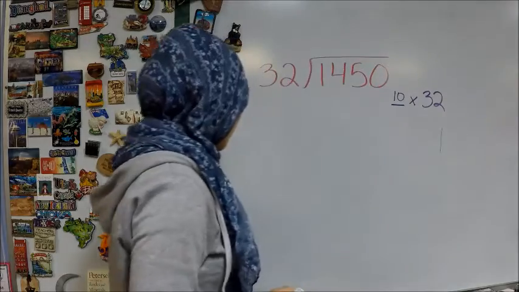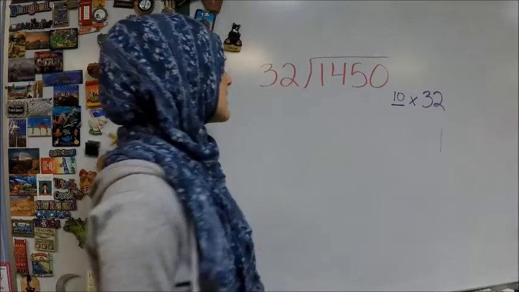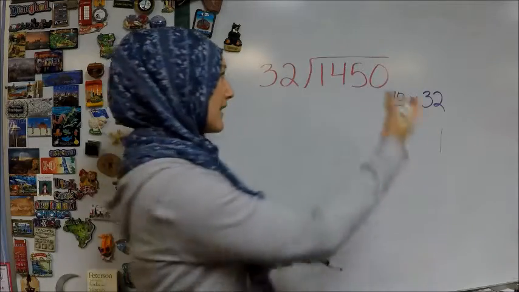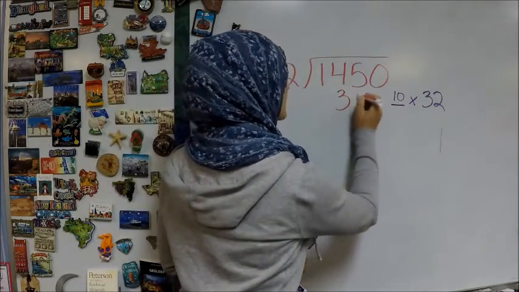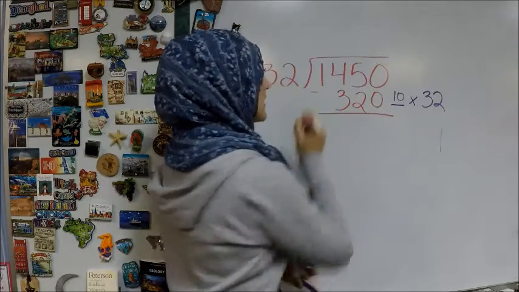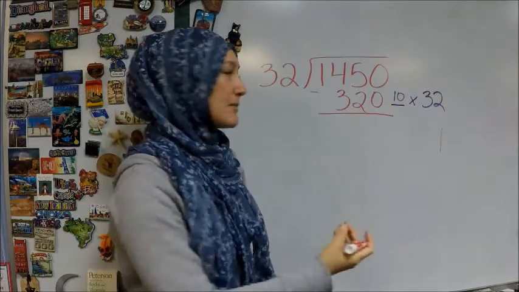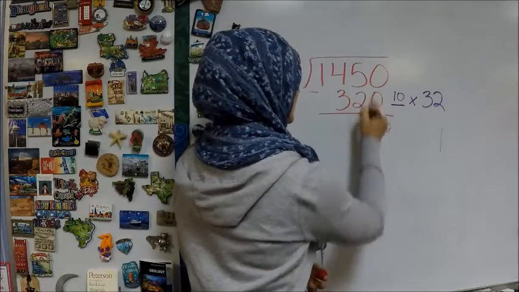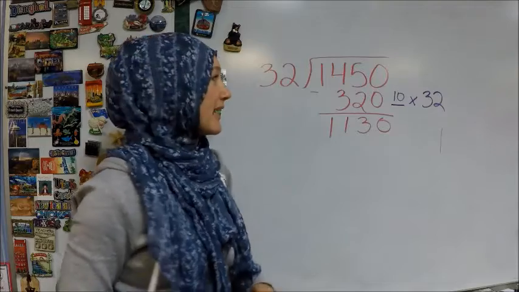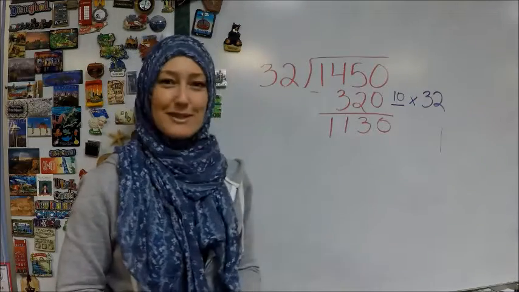So you do 10 times 32 is 320. So you take that number and you drop it here. And just like regular division, you would subtract. And you have a new remainder. And then you do the steps again.